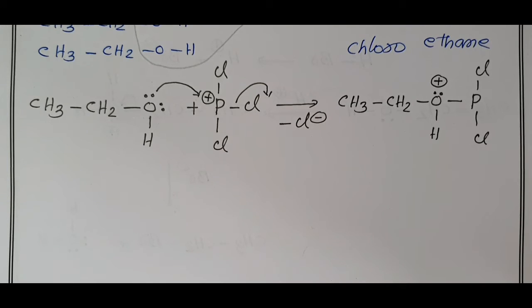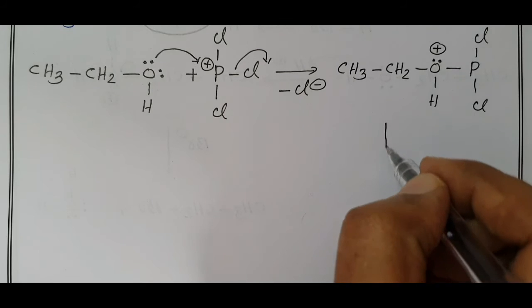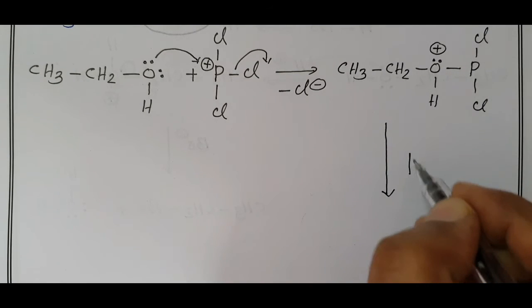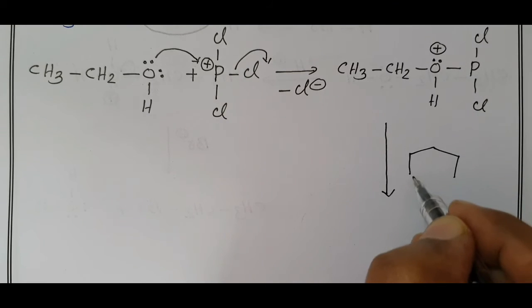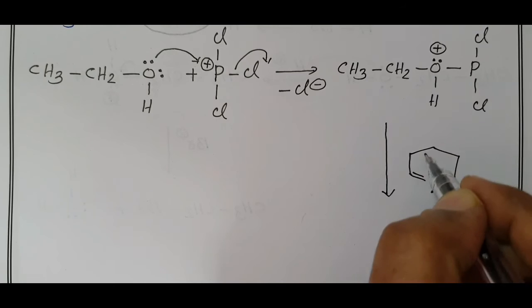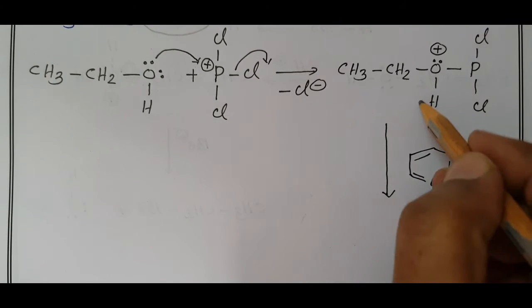Now, what is the use of pyridine? Pyridine is a Lewis base. The nitrogen has a pair of electrons, and the nitrogen of pyridine donates a pair of electrons to this H+.